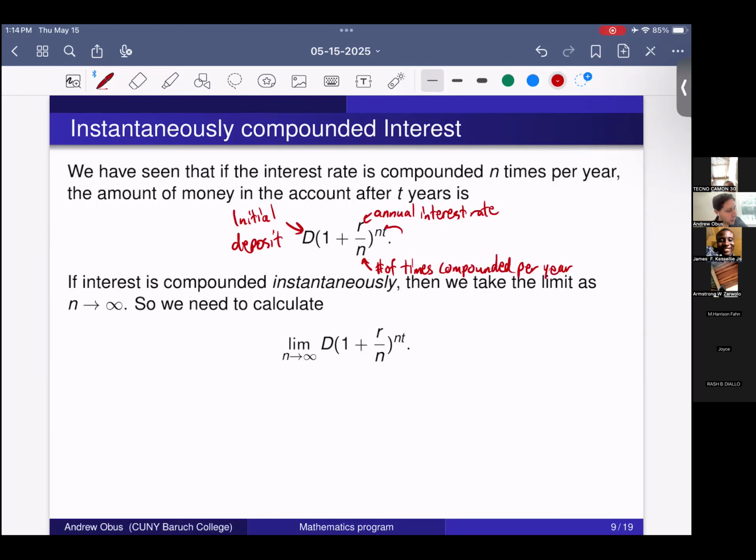And this t over here is the number of years. Okay. So that's what all of these different letters mean. We've got 4 different letters that go into this formula. Okay, any questions about this formula?